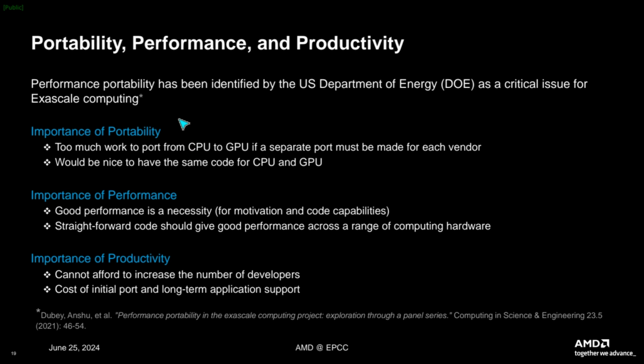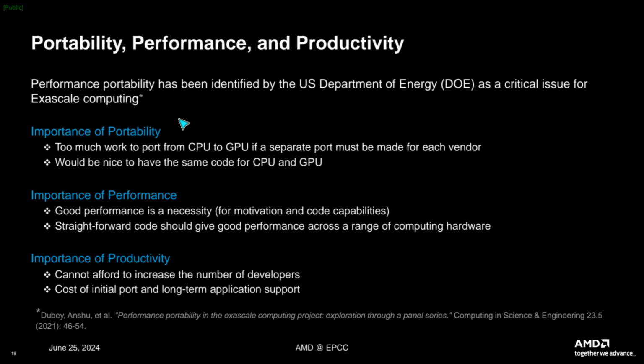We talk about this as being the 3 Ps: portability, performance, and productivity. Early on, the Department of Energy and the greater HPC community realized that this was the critical issue for exascale computing. You could not afford to write multiple versions of your code, one for each architecture.